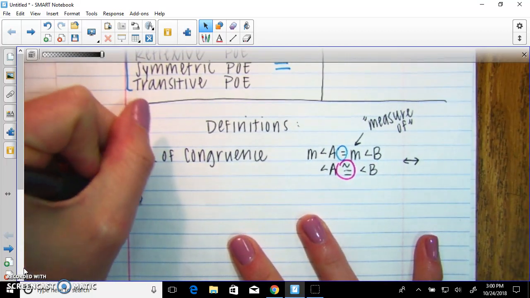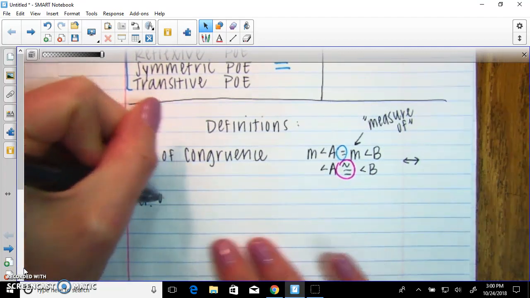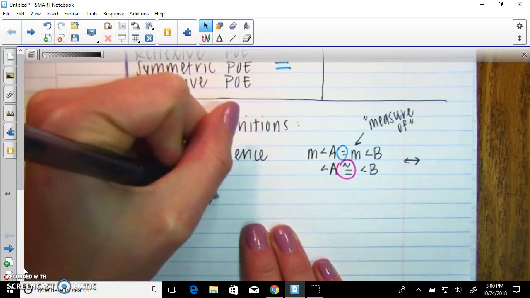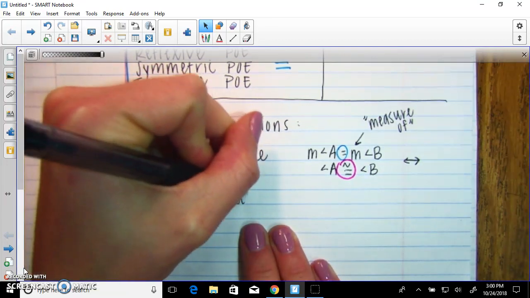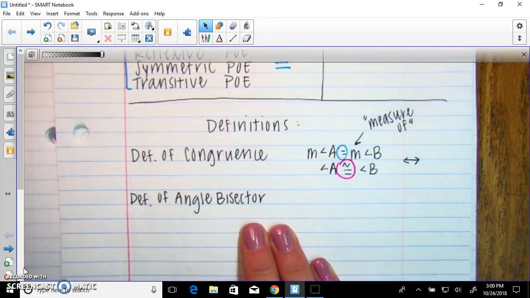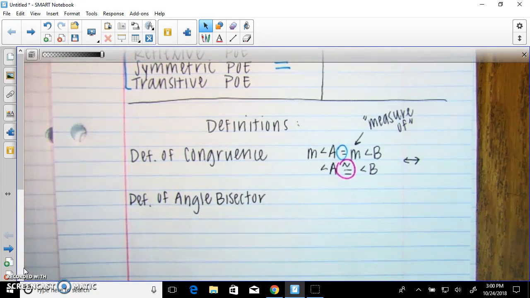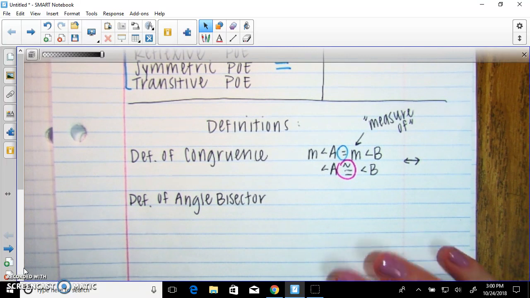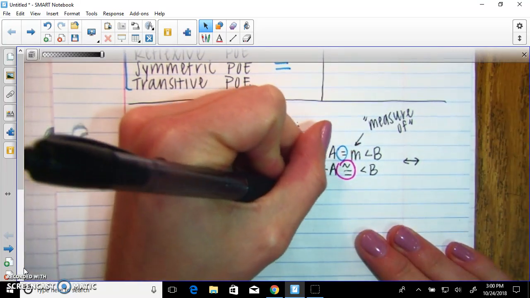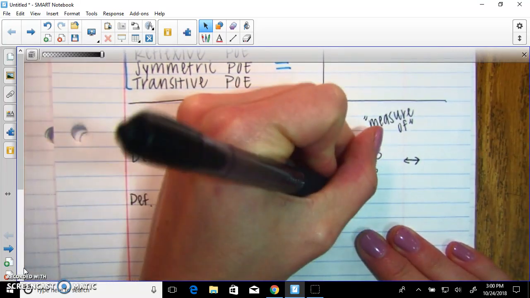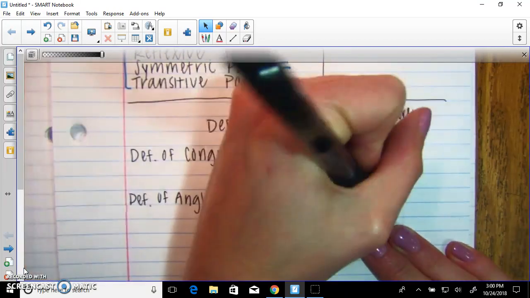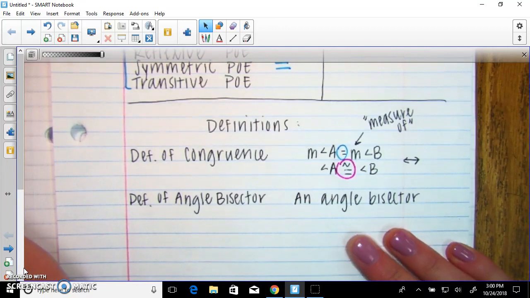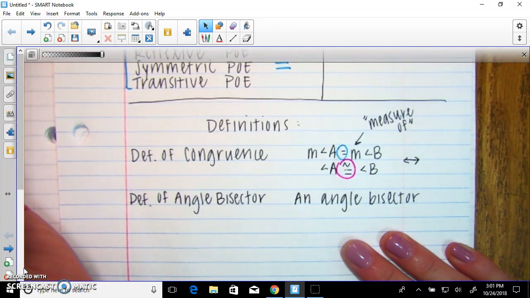The next one is the definition of angle bisector. Now, an angle bisector is not anything new. We've talked about an angle bisector before, okay? Definition of angle bisector says that an angle bisector divides an angle into two equal parts.